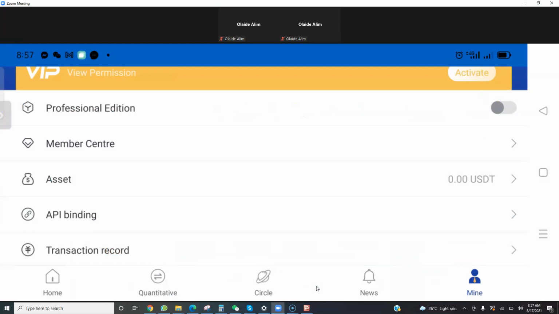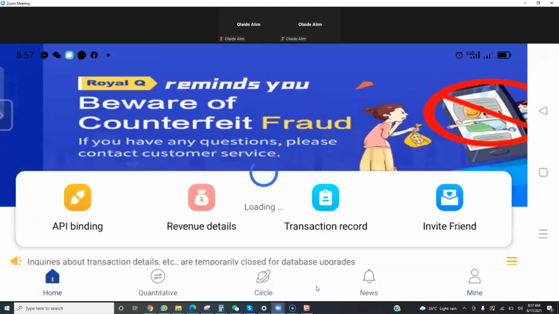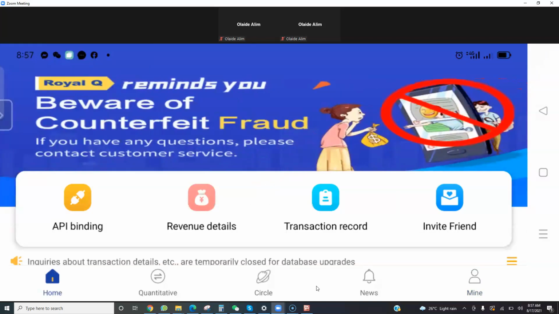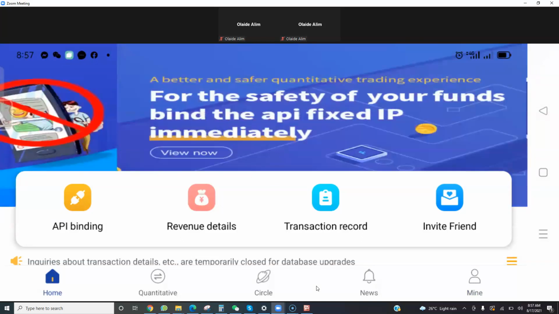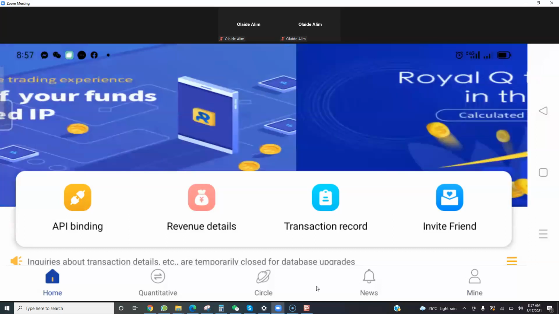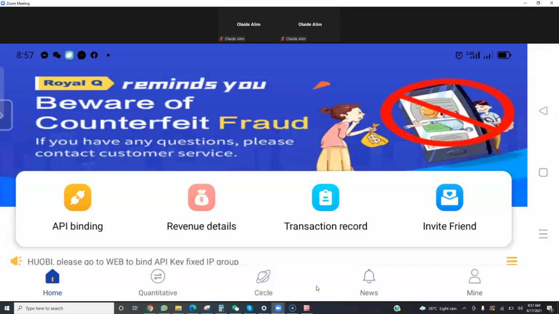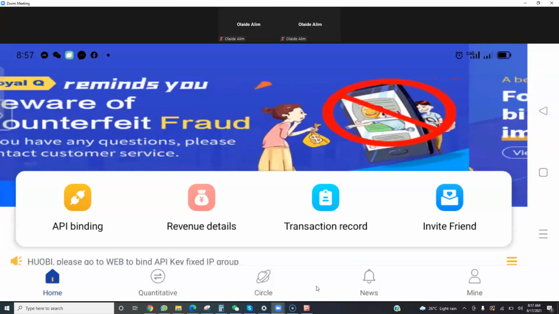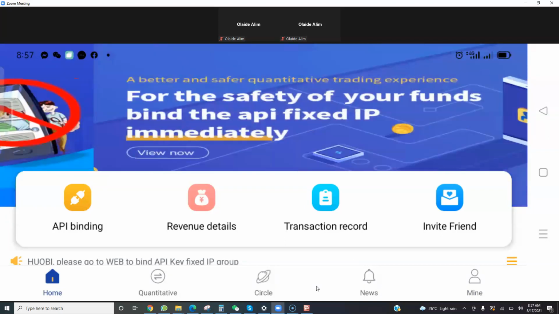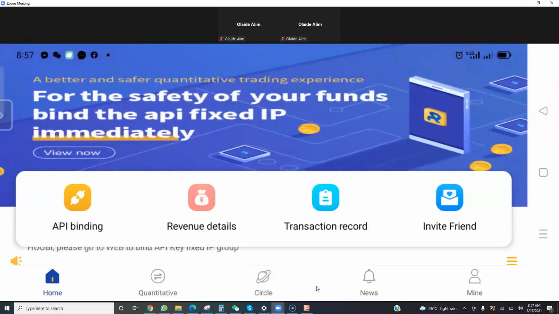So now the next thing is, how are we going to know the type of coin that we want to trade? We are on the home page already. This is our home page already, and I strongly believe you've already bound your API. If you have not, just watch my previous video. My previous video will show you how to bind your API so that anything this app is doing here will be reflected on your Binance account.